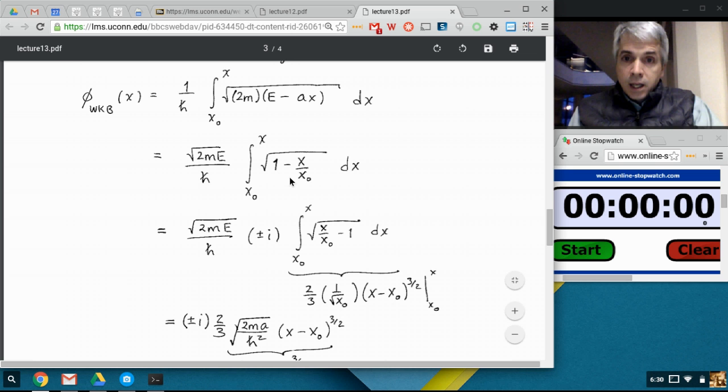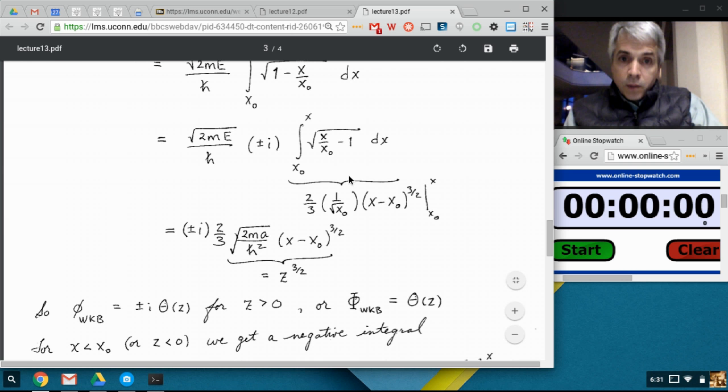I haven't committed on the sign of the i, but now I'm allowed to write what's inside the radical as a positive value. This turns out to just simply be the integral of the square root of x minus 1 dx. You can look it up, or you can even just do it analytically, it has the value of 2/3 times the argument, whatever you had inside there, raised to the 3/2.